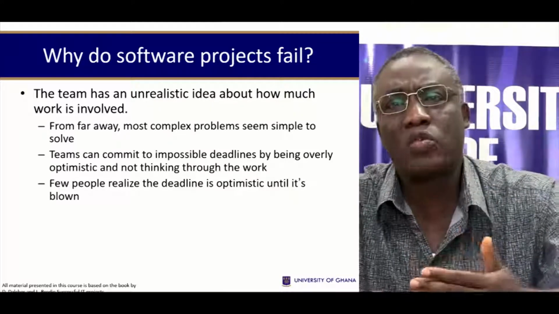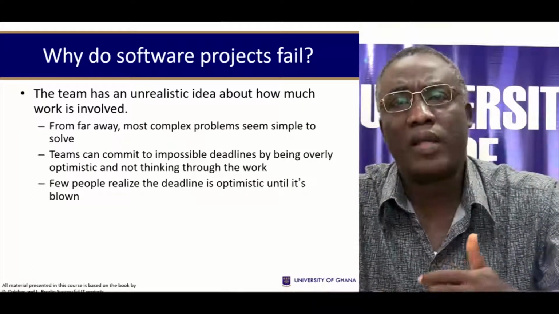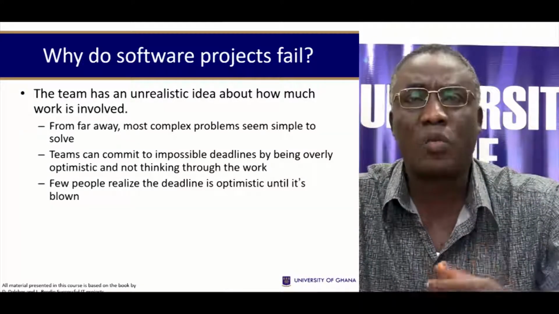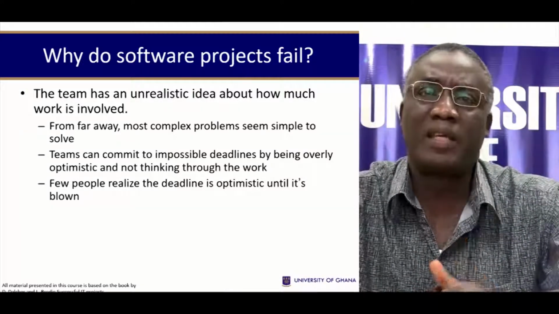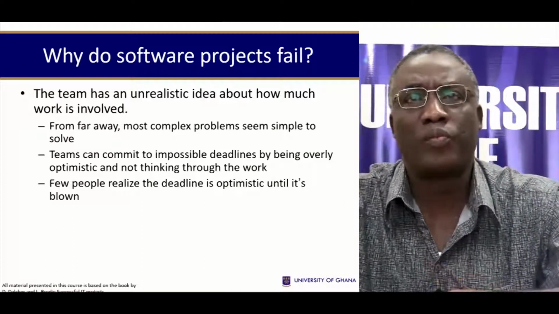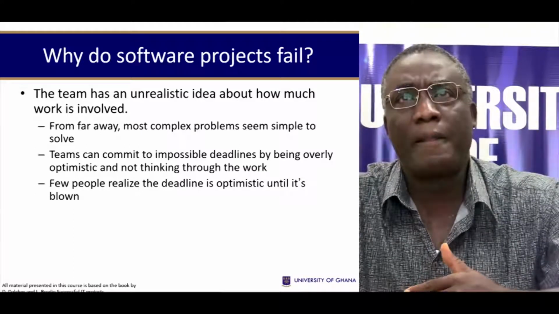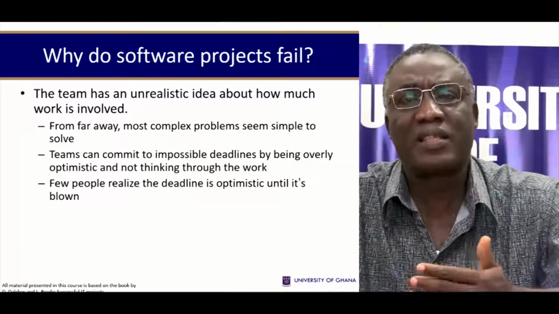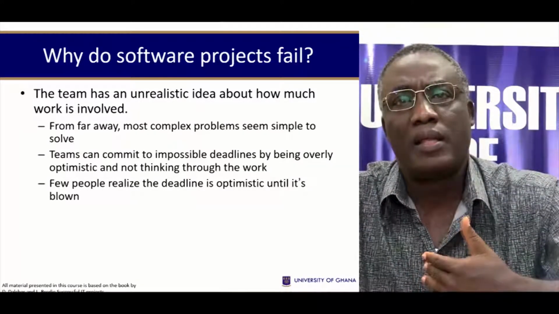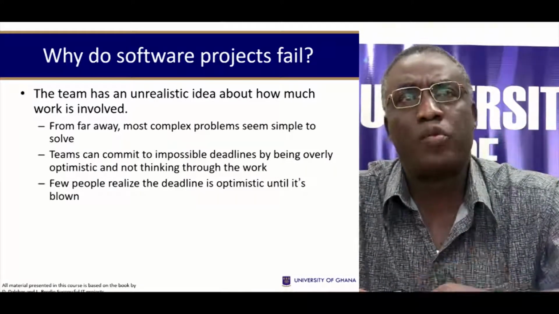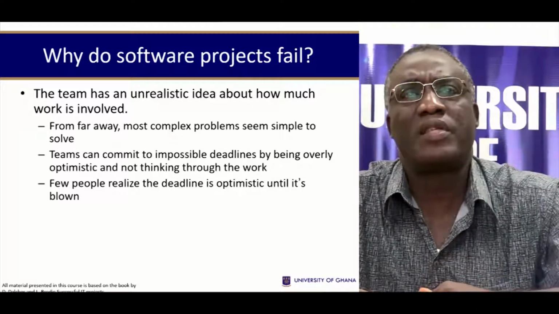They ask you, when can you submit this project, or when can this be done? You say a week or in 2 weeks, when in actual fact, this might take about 6 months to do. So we are unrealistic about the amount of work involved in completing that project. So that is one of the other reasons why projects fail.